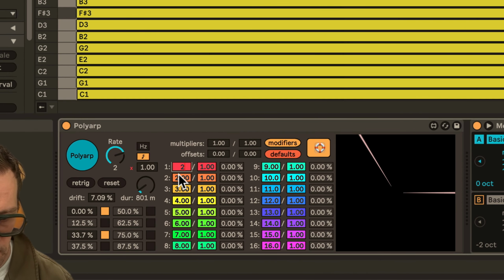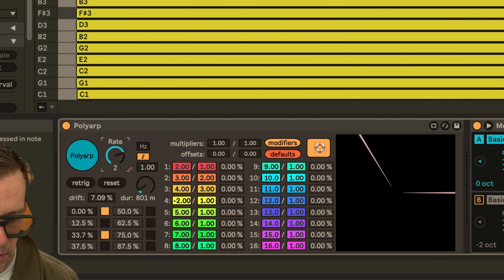So for example, if I had 2/1, 3/2, 4/3, and this fourth note was -2/1, this is going to be double the bass pulse, just like the first note, but this one will move backwards.